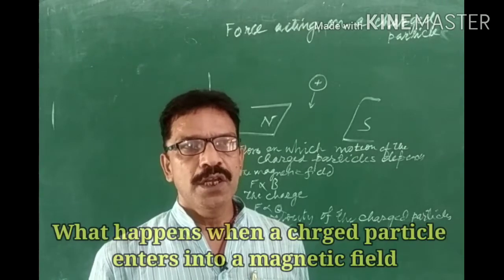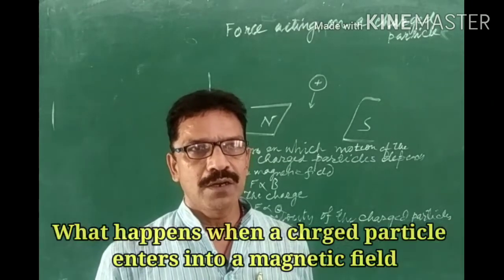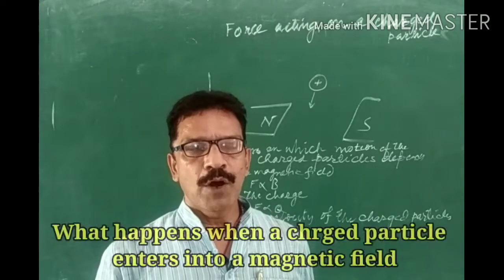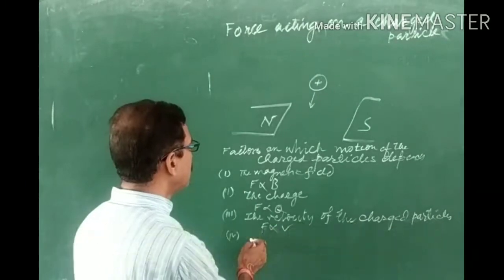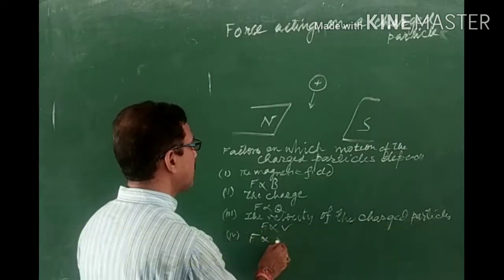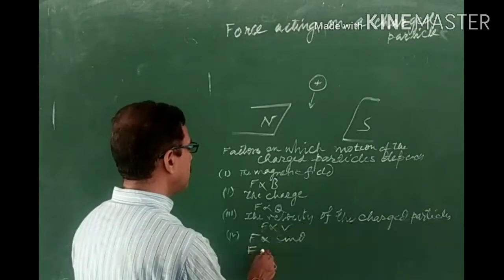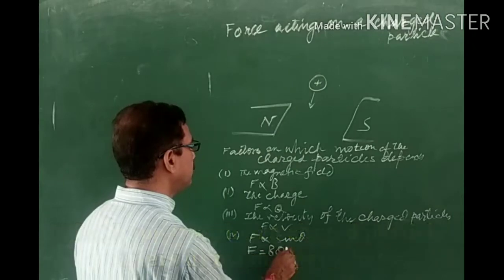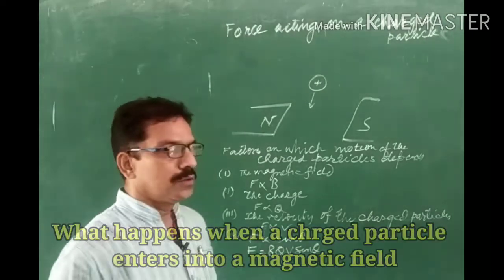That means if the charged particle is moving perpendicular to the magnetic field, the amount of force will be greater. Therefore, we can write F is proportional to sin theta. That means F equals BQV sin theta.